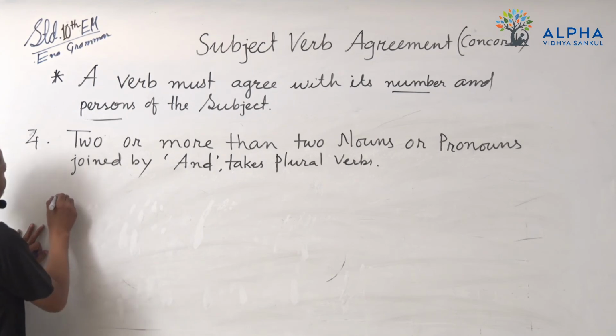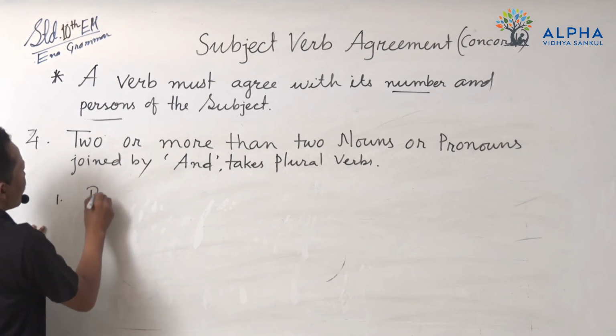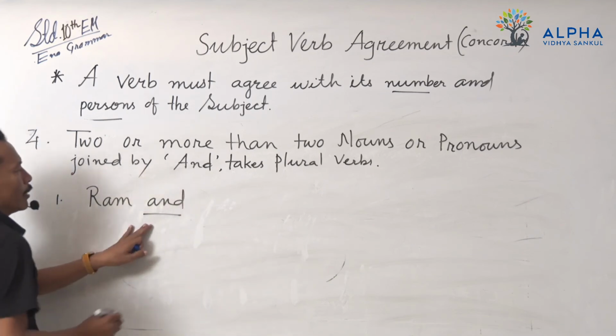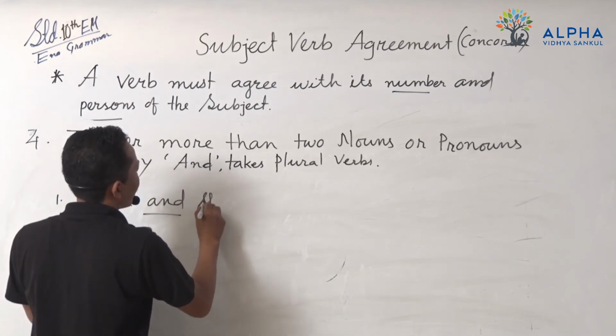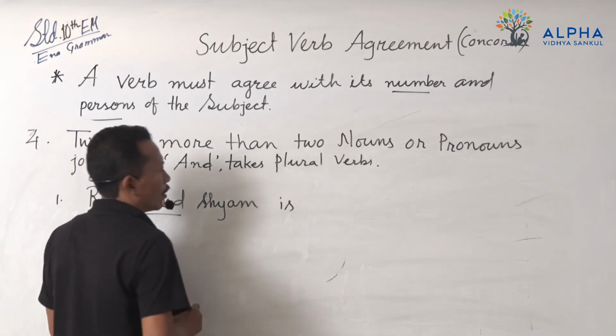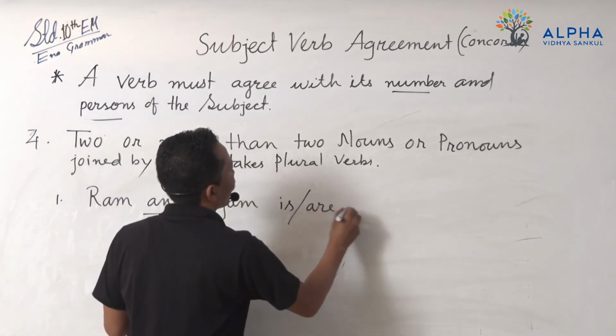Here, what is that? Now let me give you Ram and Shyam, students. Here, is or are friends?